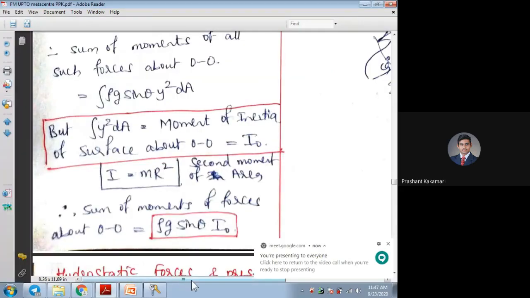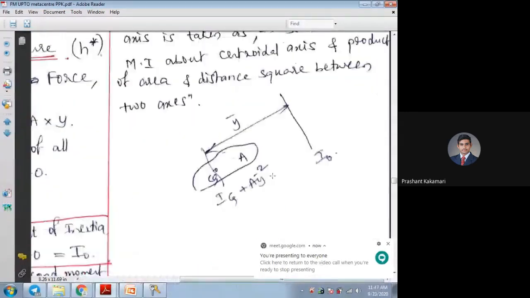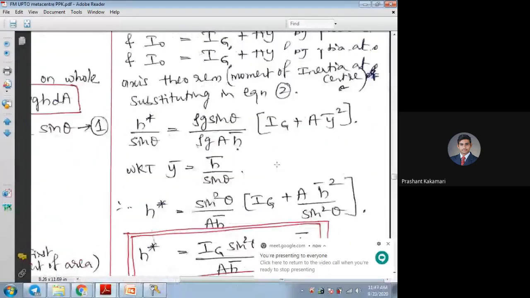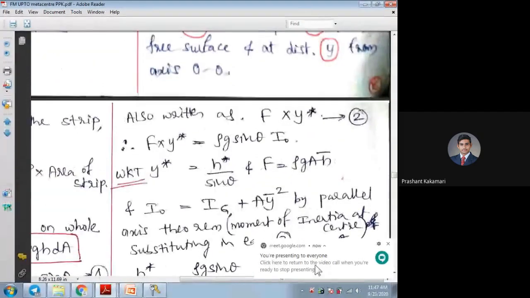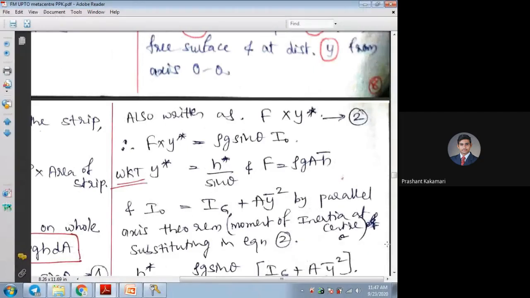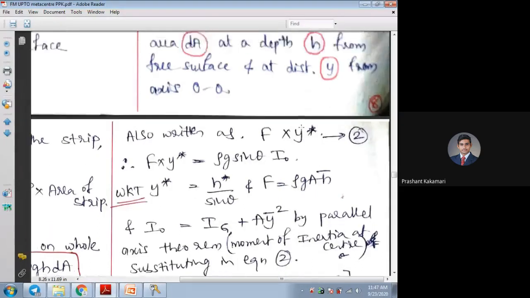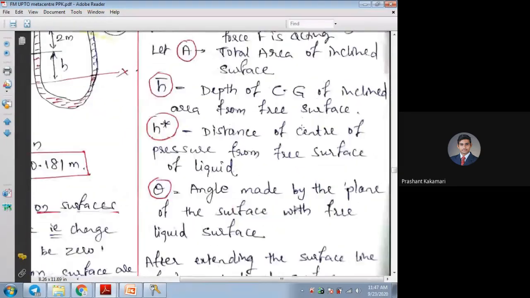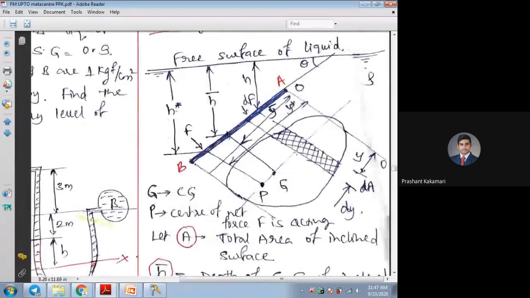Okay, next, coming to this moment of inertia analysis, you can recall your geometry again. So F into y star. Why are they taking y star? Because, as I told you in the sketch, we have assumed the total force is acting at the center of gravity. The total pressure is acting at this point.